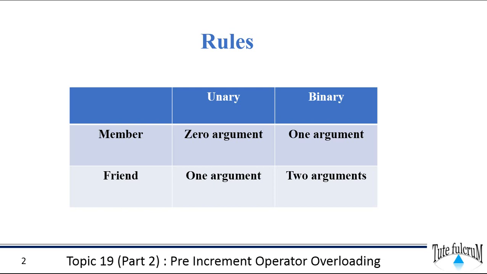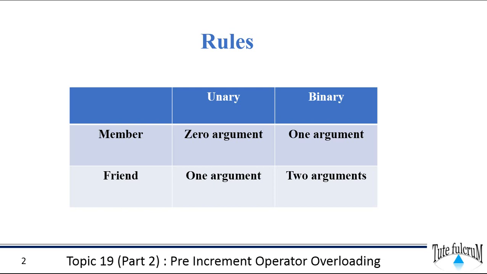Same way, if you're overloading a unary operator as a friend function of the class, then there should be one argument. And if you're overloading a binary operator as a member function of the class, there should be one argument. And overloading a binary operator as a friend function should have two arguments to the function.